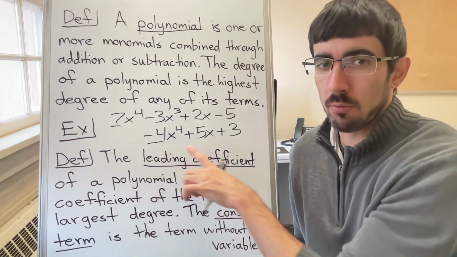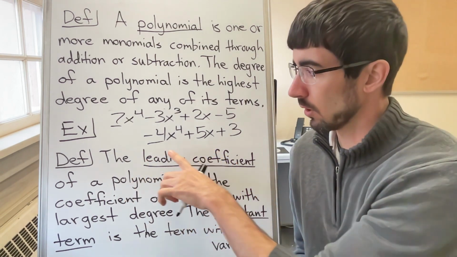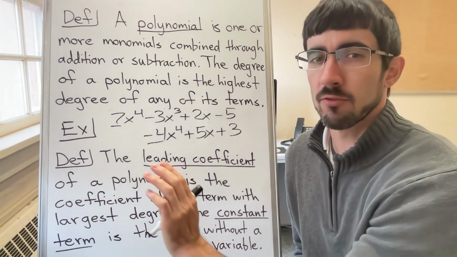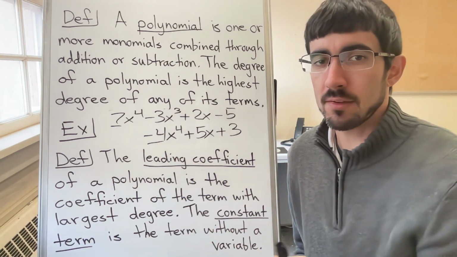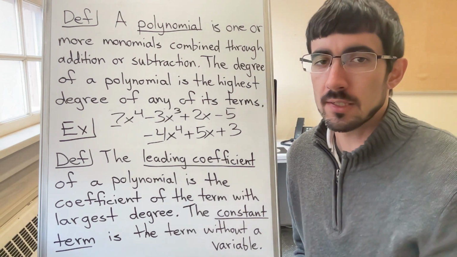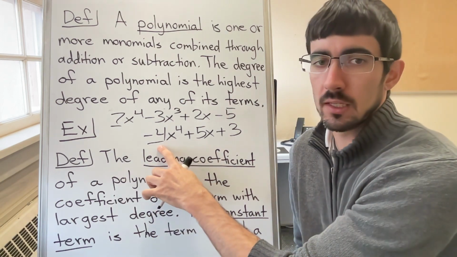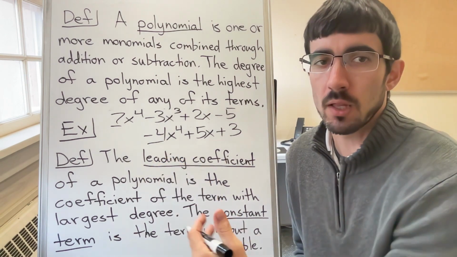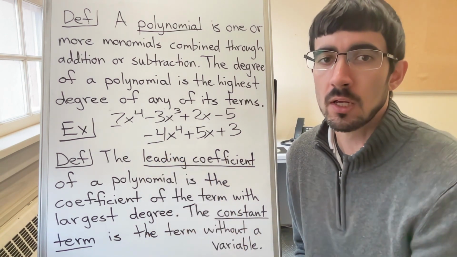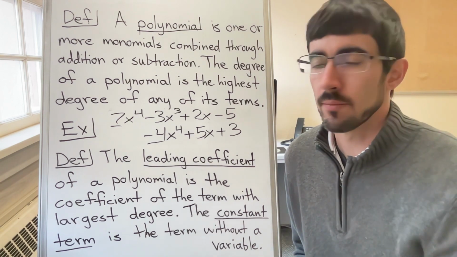Remember, before I arranged this one in descending order, that negative 4 was not the first number in the polynomial. The polynomial has to be arranged in descending order, and then you can say the leading coefficient is the first number. That might not always be the case. Your polynomial might be out of order, and you have to arrange it first.